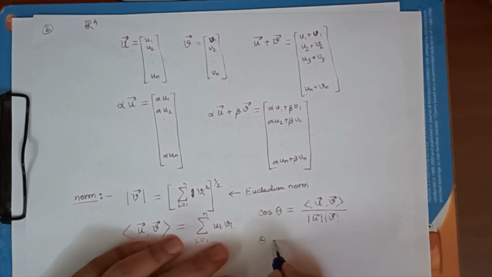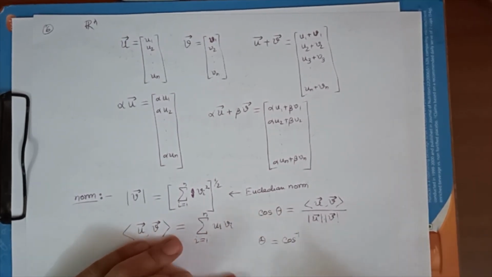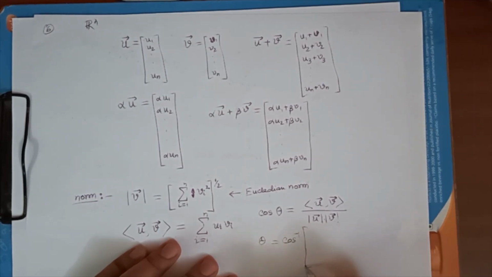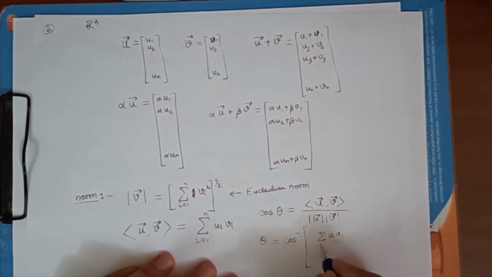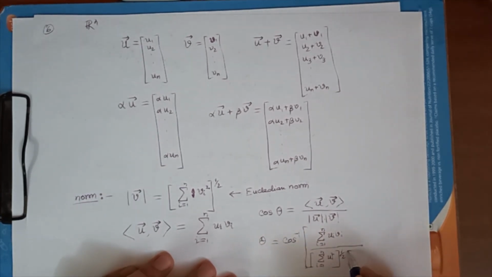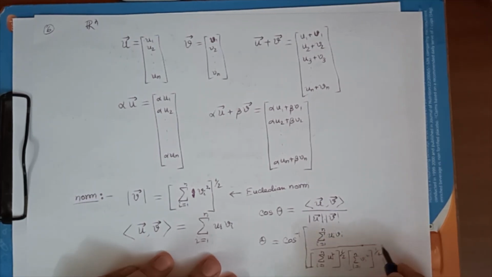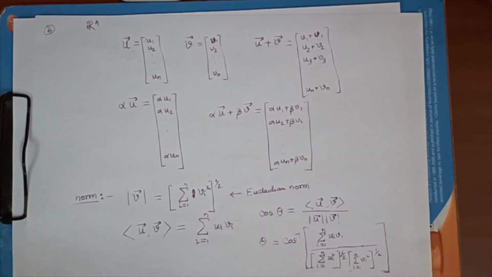So theta can be computed as cosine inverse of the summation ui vi, i equal to 1 to n, divided by the square root of summation ui square, i equal to 1 to n, into the square root of summation vi square, i equal to 1 to n. So this formula will give you immediately the angle between those two vectors.